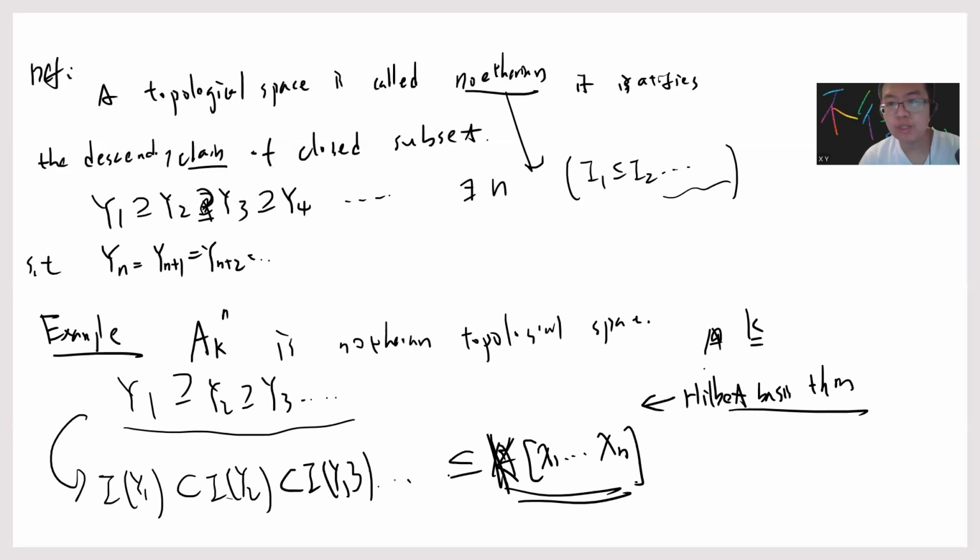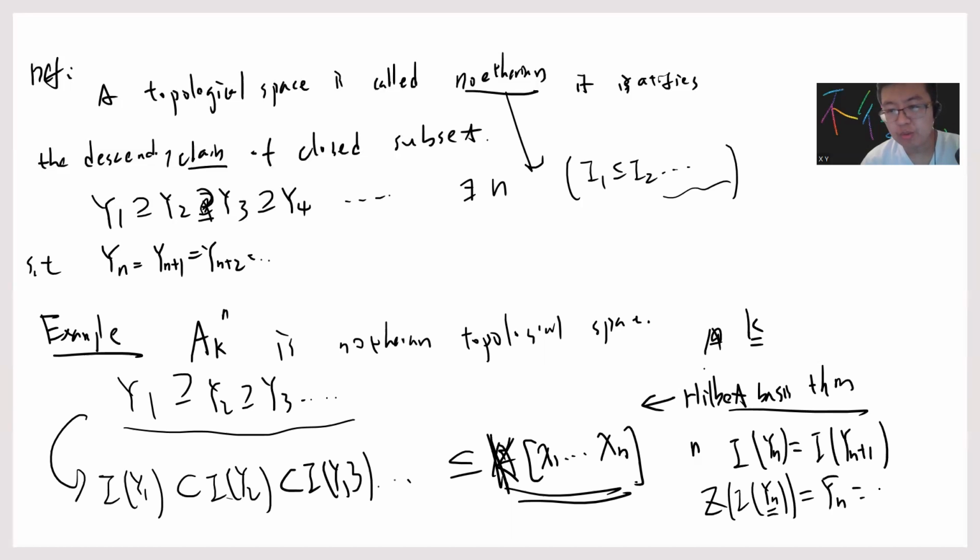So this ascending chain must terminate. You can find n such that I(Yn) equals I(Yn+1). Then you can take the zero locus, and since Yn is closed, you will get Ȳn, which is Yn. So you translate this closed set into the ideal, and the ideal goes back via the zero set, which gives that A^n_K is a noetherian topological space.